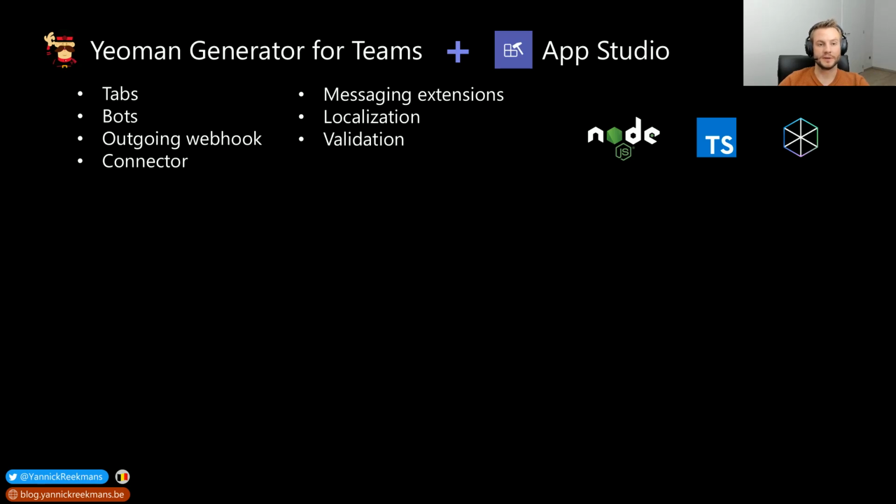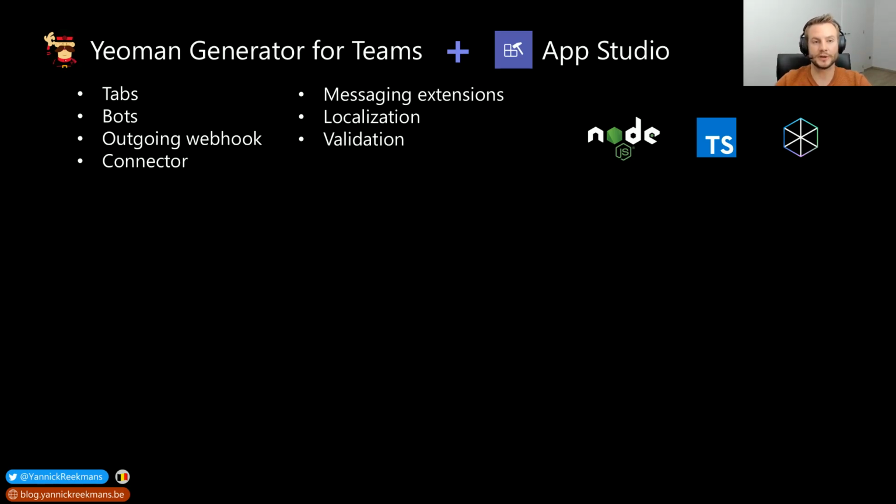All of the extensibility points, but also the manifest editing, which is in App Studio with a nice looking UI, so you don't have to fill in the JSON file, and a validation experience where you put your Teams app through the validation checklist, and App Studio will tell you which changes you need to make before you can submit your application to, for example, your enterprise store, or maybe even to AppSource.